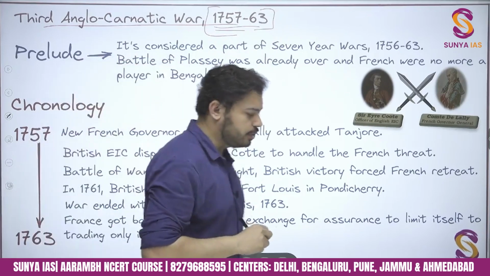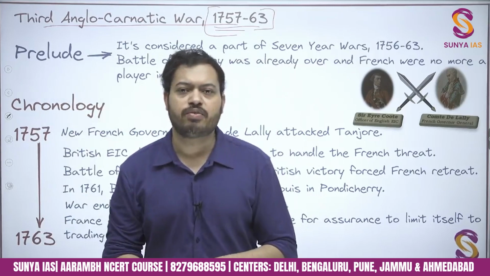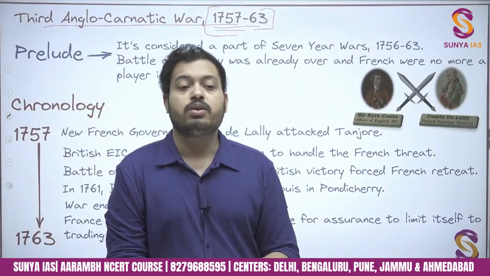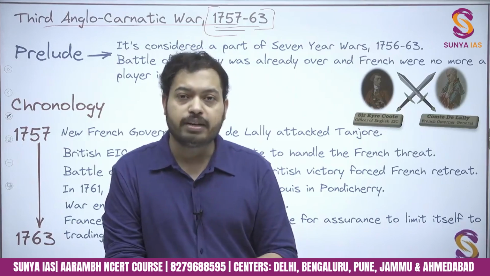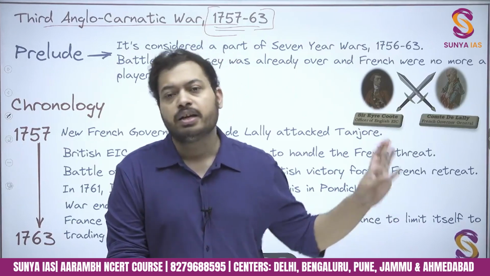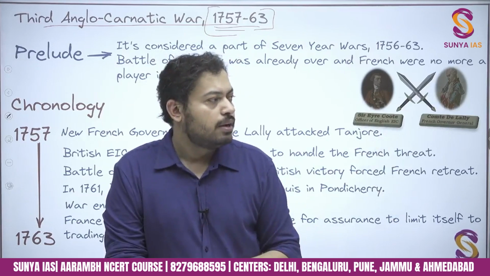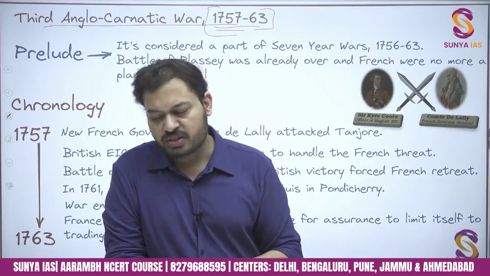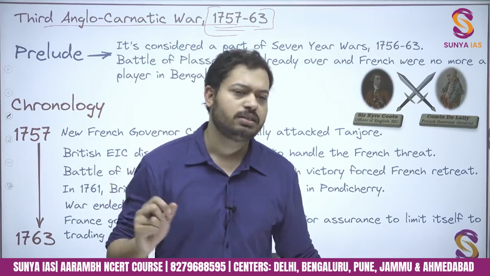Now you need to understand this was a part of a global war. So what is this global war? You will read about it in much more detail in the world history portion, but just to make you understand it right now, understand it like this.